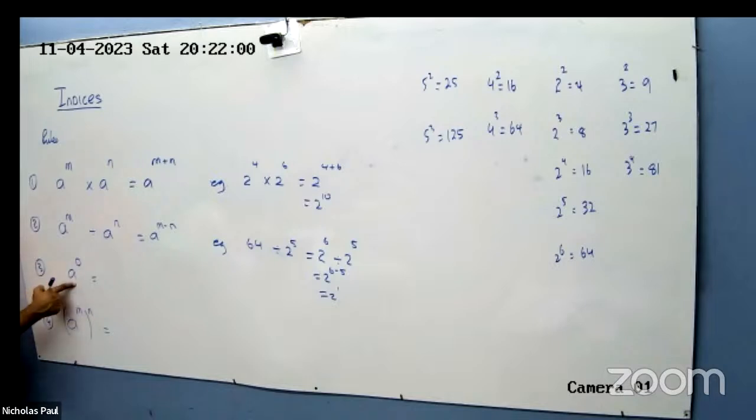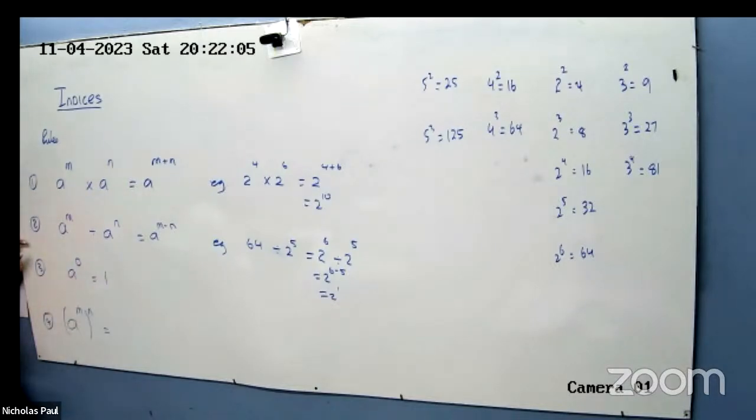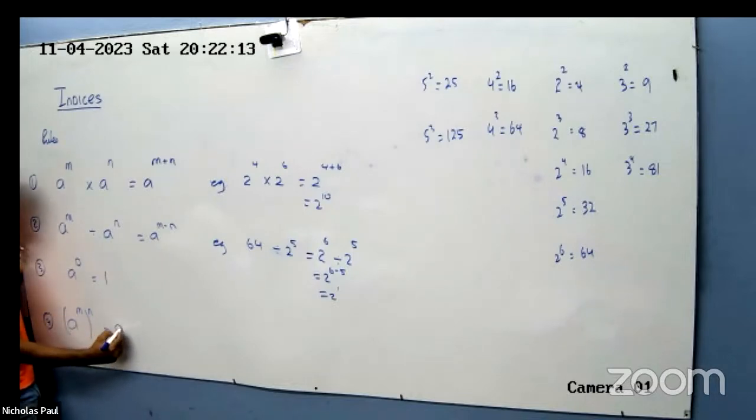Anything to the power 0 is 1, right? Whenever you're raising an index to an index, you simply multiply.